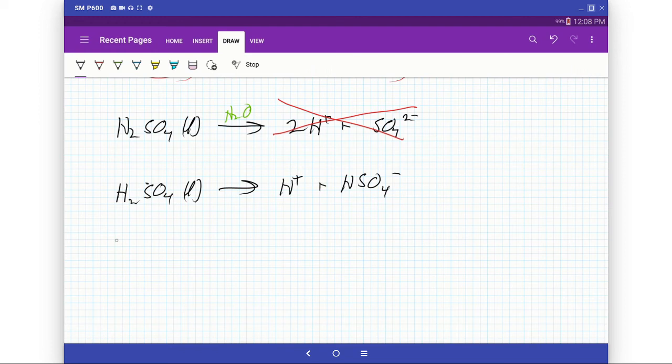However, that second proton, from HSO4-, is weak. So it's an equilibrium that gives you H+ plus SO4 2-.